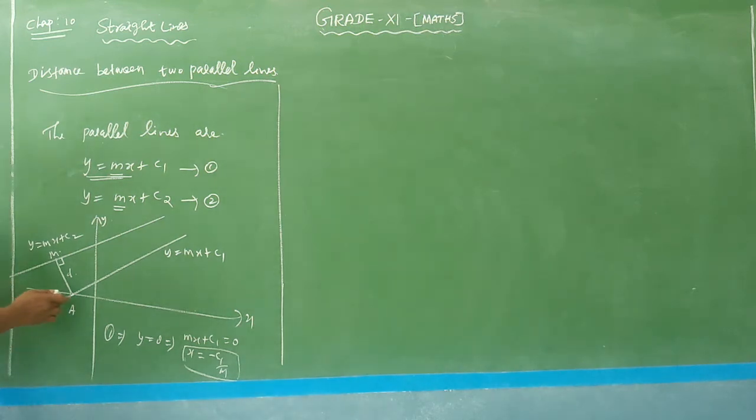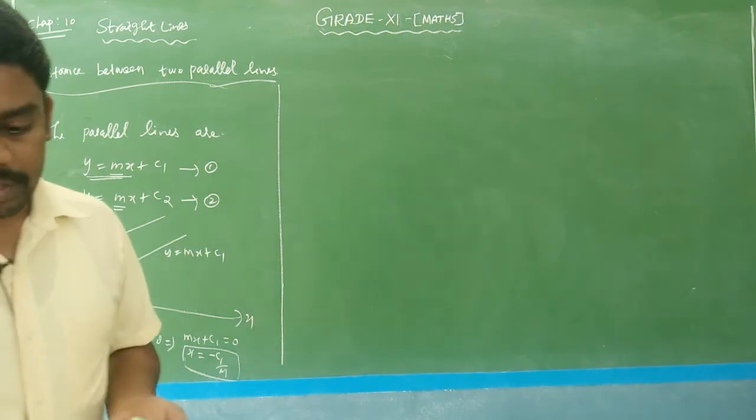So the coordinate point of A is minus c1 by m comma 0. This is the x coordinate. Here A is left of the x axis, so minus c1 by m comma 0.